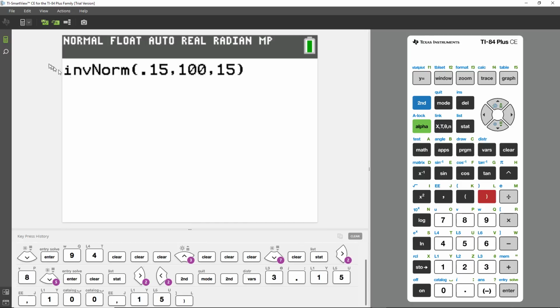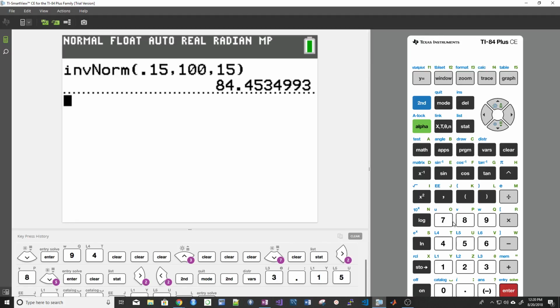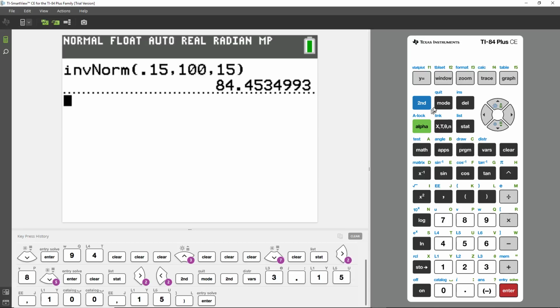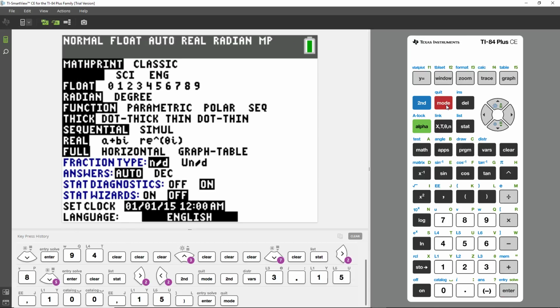So inverse norm can take in 3 values: the area to the left, the mean, and the deviation. But the truth is I actually want to put on stat wizard. So I'm going to go to mode, and put back on Stat Wizard to make sure that I've got my order right.